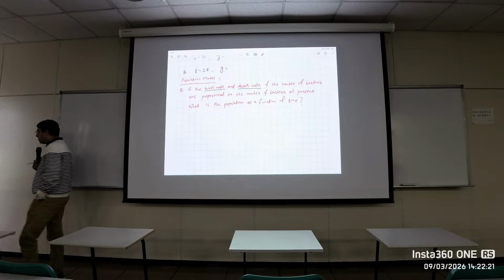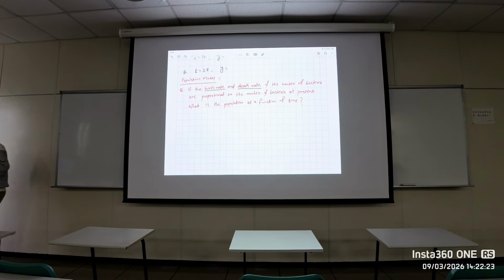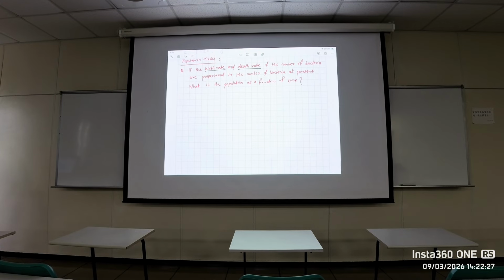Two things you need to understand here. First, as I mentioned, let's assume the population of the bacteria is Y. Y is the population of bacteria. So here I have provided two pieces of information.